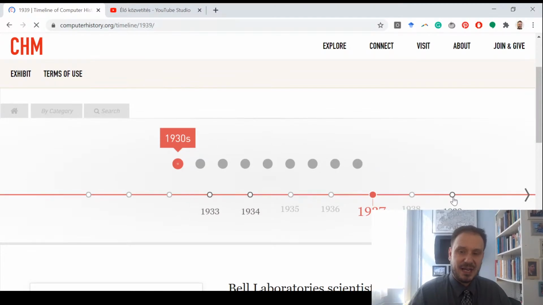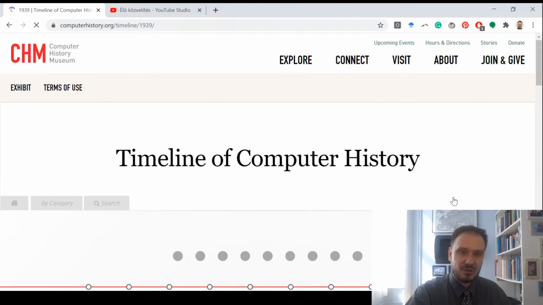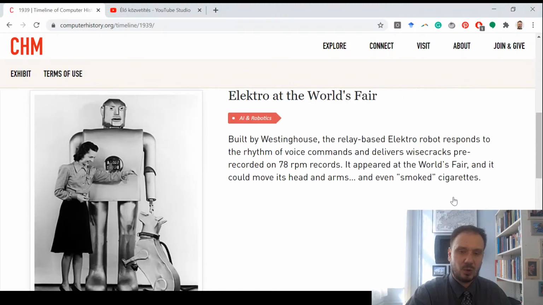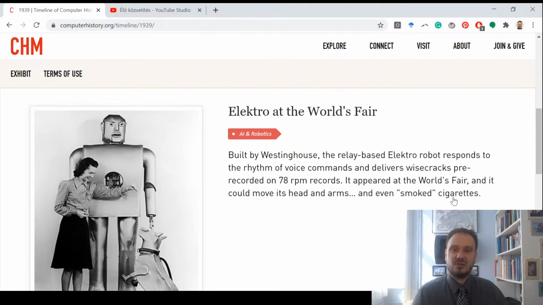End of the 30s, beginning of the Second World War, we are getting to a World's Fair where one of the first robots was introduced, and this robot, as you can see in the image, is a kind of android which has a robot dog as well.